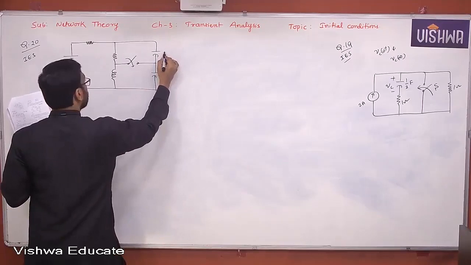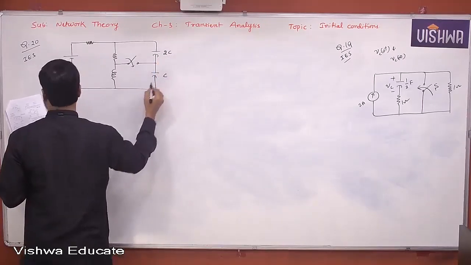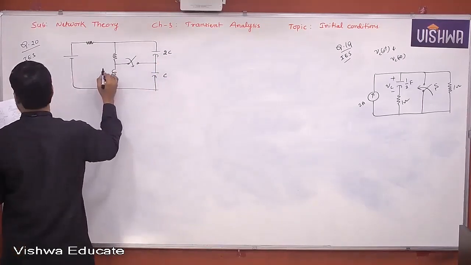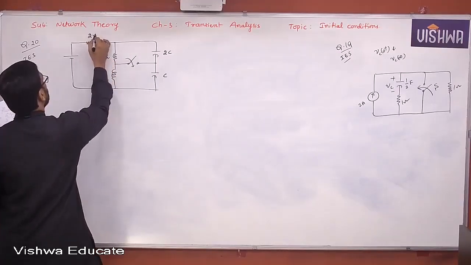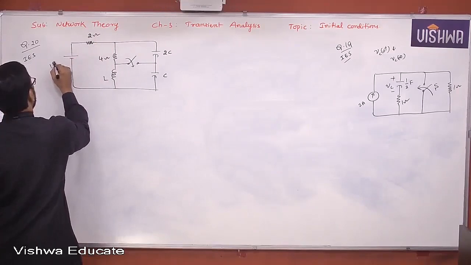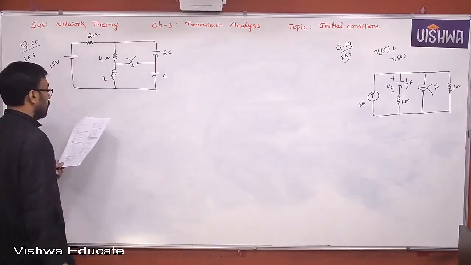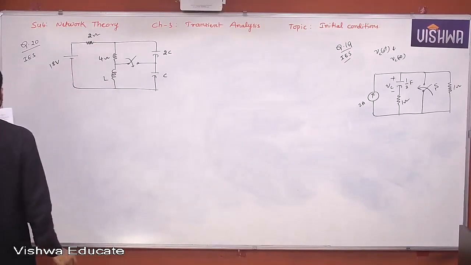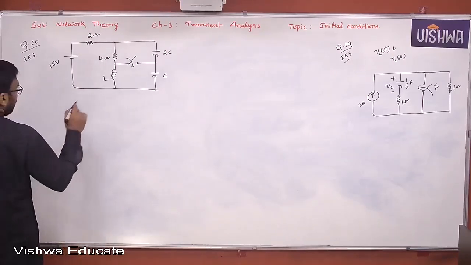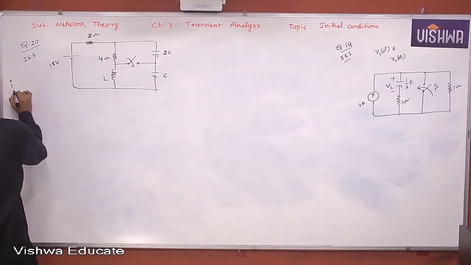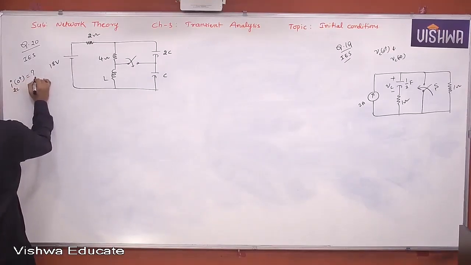This is C, 2C and C. This is L. This is 4 ohm. This is 2 ohm. This is 18 volt. The initial value of the current through the capacitor 2C, that means I2C of 0 plus, is asked.